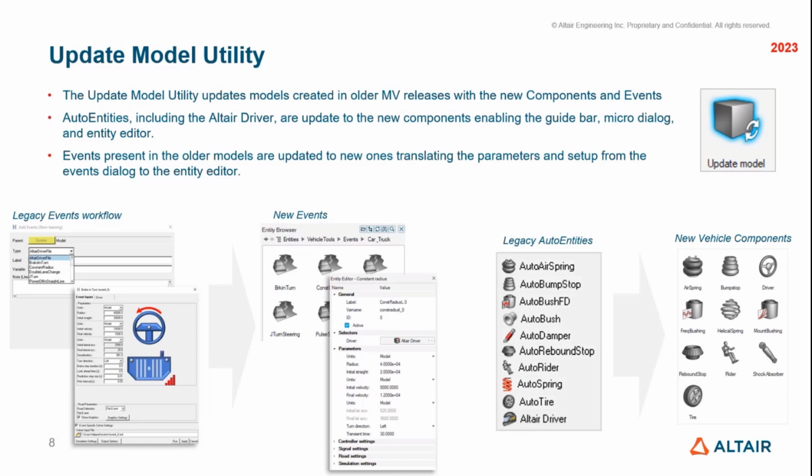The user can open the old model, click on this button, all the events will be translated to the new ones using the entity editor, and the auto entities will be translated to the new ones as well. So with everything new, every workflow will be already included, and it should be started from there, right?